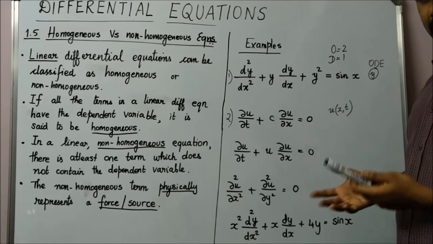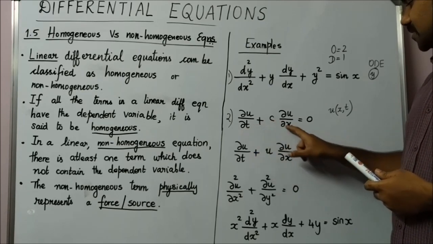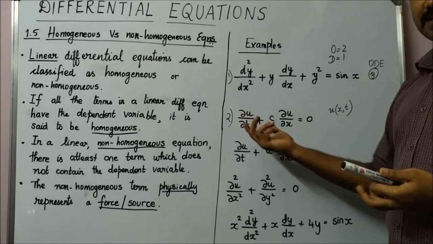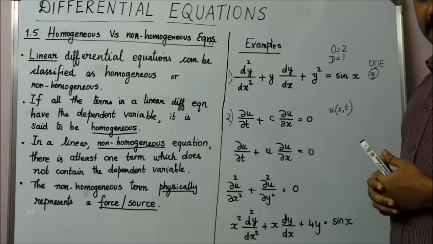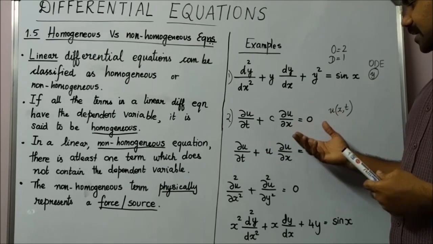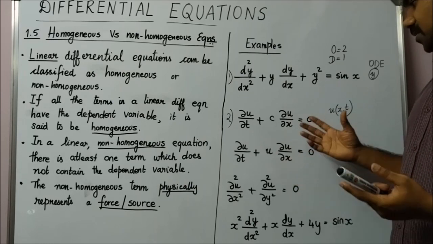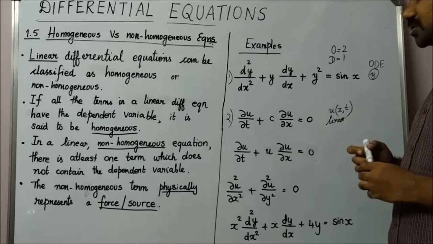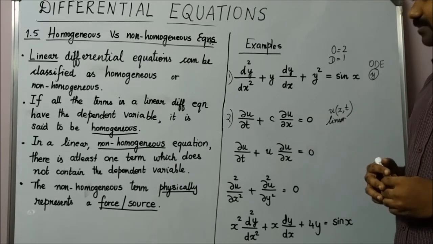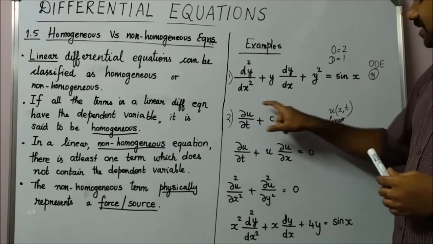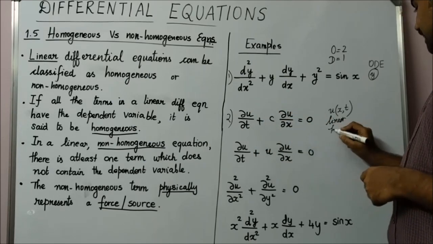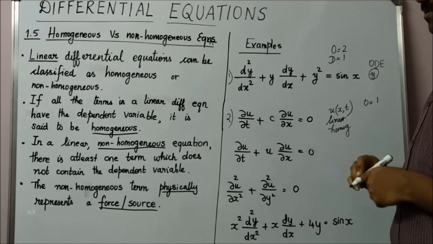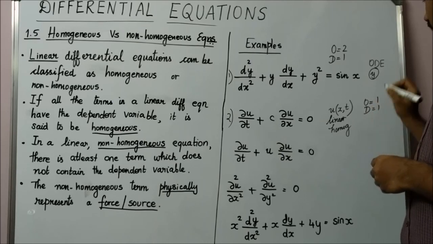It is clearly a linear PDE because all the derivatives of the dependent variable have a degree 1, they have a constant that does not contain u, which is the dependent variable, and the dependent variable does not appear in terms of composites. So this is clearly a linear equation. And is this homogeneous or non-homogeneous? This is a homogeneous linear equation because there are only two terms, both the terms contain u. So this is linear as well as homogeneous. And what is the order? The order is 1, it's a first order PDE, and the degree is also 1.